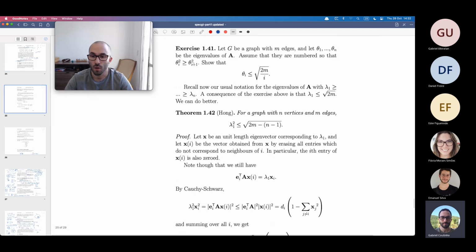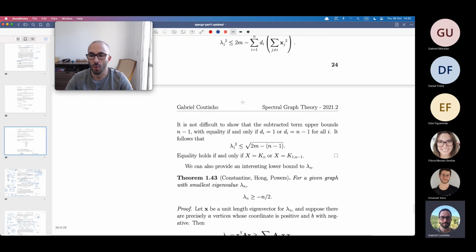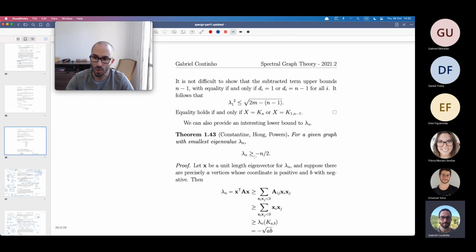It contains 2 results on the best known bounds for the largest and the smallest eigenvalues of a graph. This probably shouldn't have a square here. For the largest, the bound is in terms of the square root of 2m minus the number of vertices. So this is the best you can do if you are only using the number of edges and number of vertices to bound the largest eigenvalue, and there is also a lower bound on the smallest eigenvalue, which is minus the number of vertices over 2.